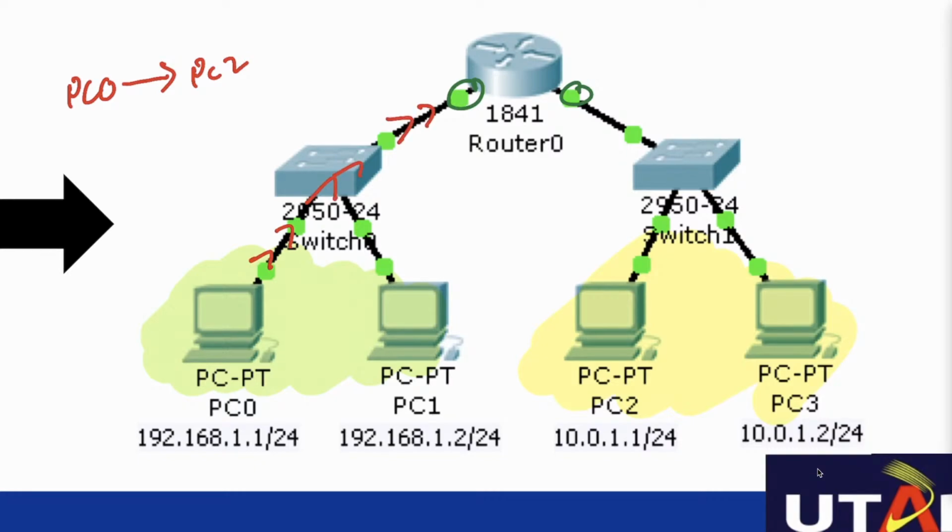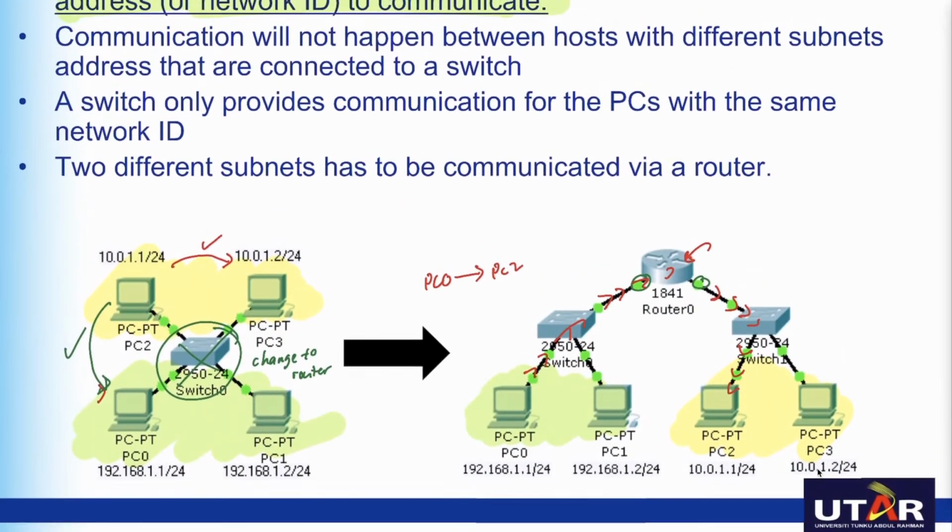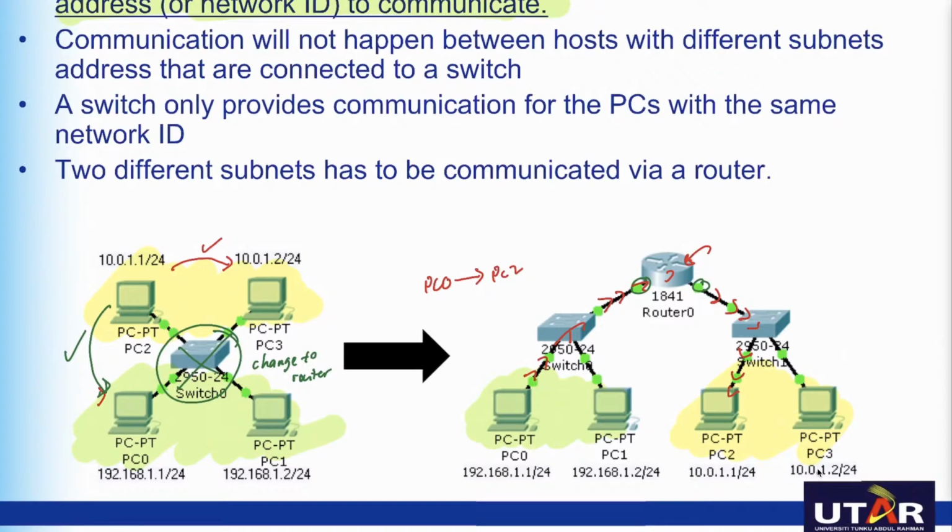Again, you are not in the same LAN, so I send to the router. When the data arrives at the router, it is smart enough to know how to get to this network and then get here. That is why a router is so expensive. Okay, so principle number 7 says that if you want two different networks to talk, use a router to connect them. That is principle number 7.